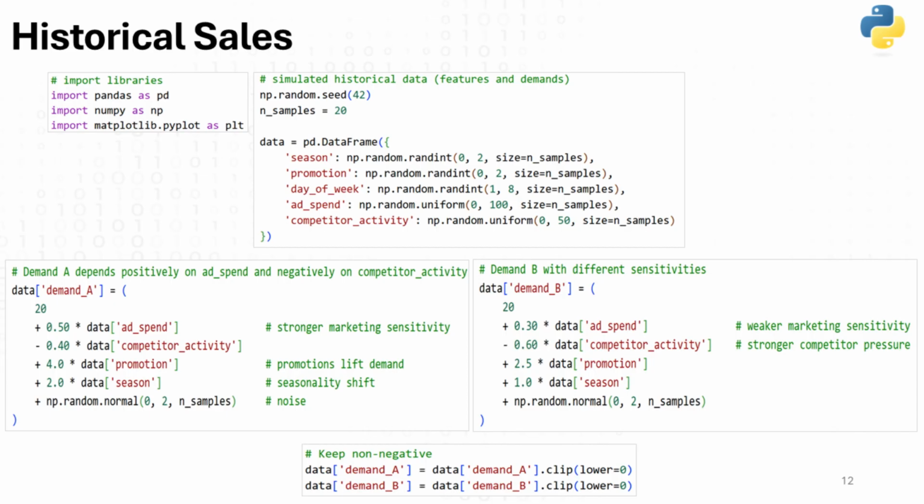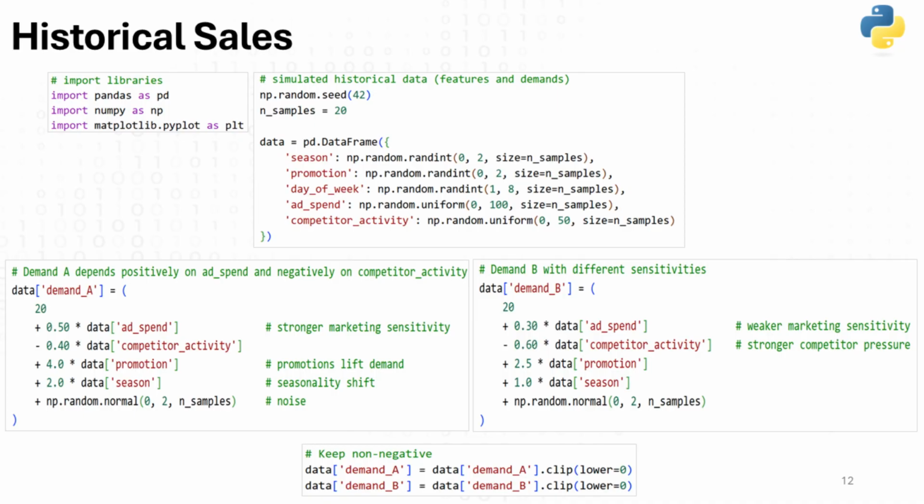We use popular libraries called Pandas and NumPy to create our simulated history. In the top box, we generate 20 samples for our features, such as the day of the week and advertising spend. In the middle sections, we define how demand is actually calculated for each product. Notice that the 2 products react differently to the market. Product A is designed to have a stronger marketing sensitivity, meaning it responds very well to advertising.